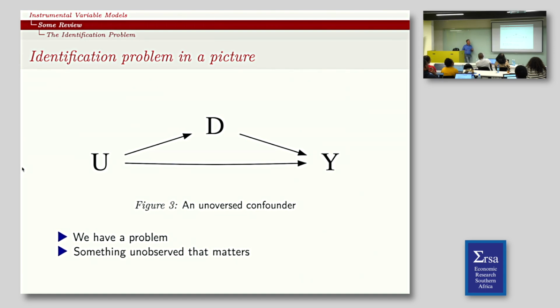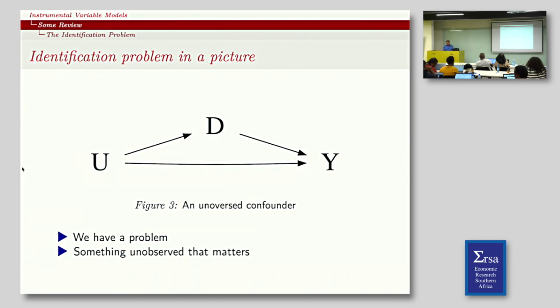Because it affects both, I can't separate this part going into here from this part going into here. If this line didn't exist, it's not such a big worry, okay? Because that's exogenous D. Okay.